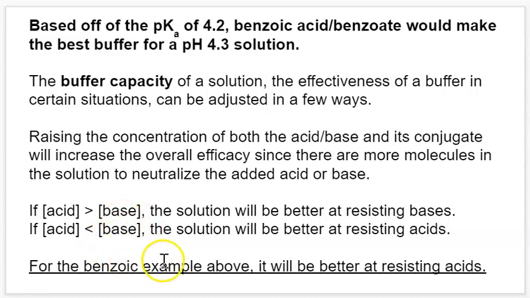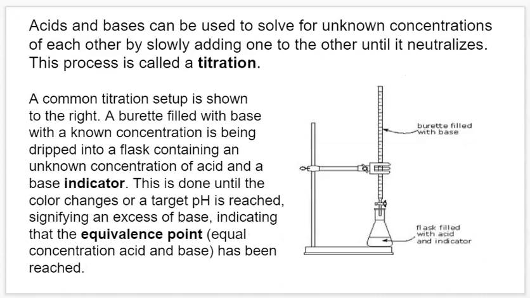And for the benzoic example above, since the pKa is 4.2, but the pH is 4.3, which is a slightly more basic pH, we can assume that in this case, the base is going to be in higher concentration than the acid. So even though this solution is going to be a good buffer in either direction, it's going to be slightly more effective at resisting the addition of acid and the decrease of pH.